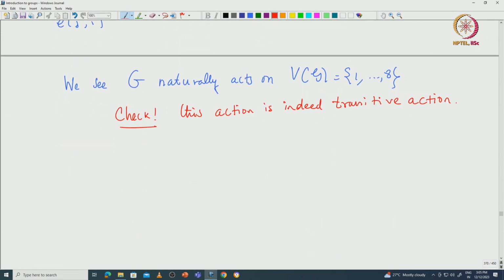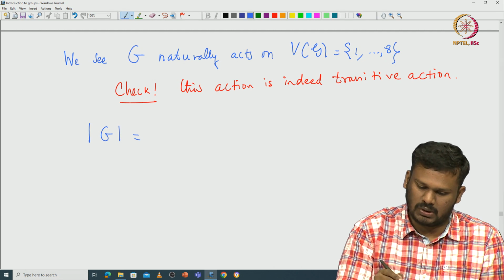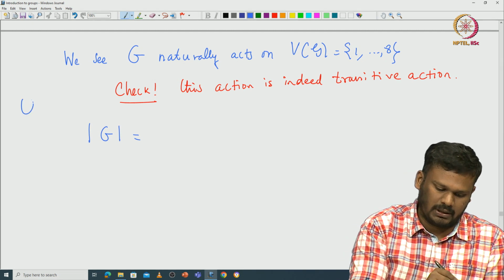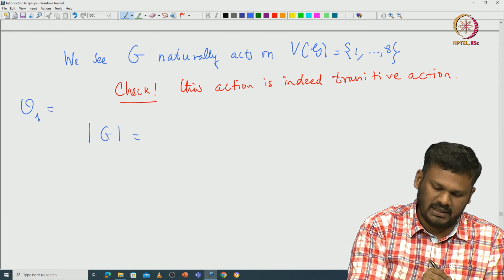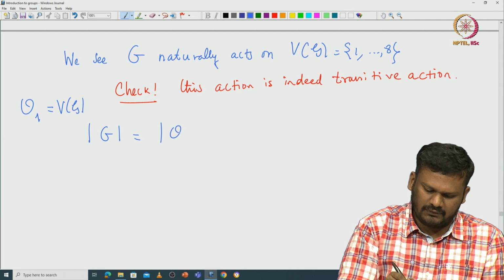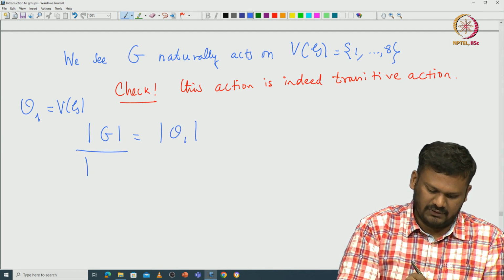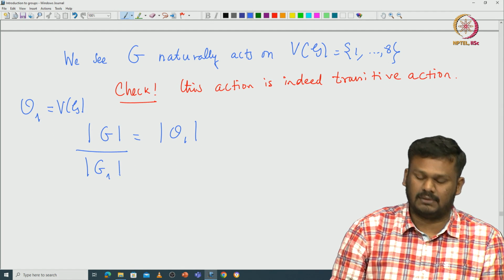Now, using this transitive action and the orbit stabilizer theorem, you can see that the cardinality of G is going to be exactly as follows. Let us look at one particular orbit. The orbit of 1 is going to be the entire vertex set. In particular, the cardinality of the orbit is the cardinality of G divided by the cardinality of the stabilizer.